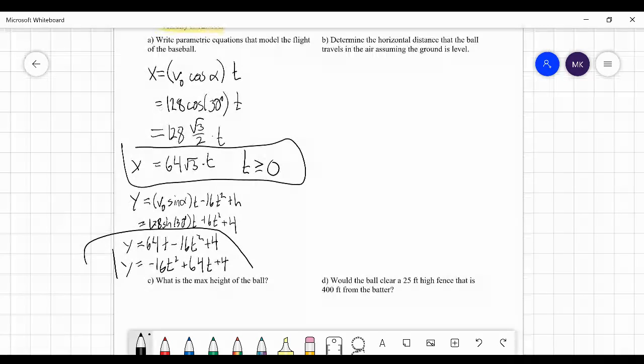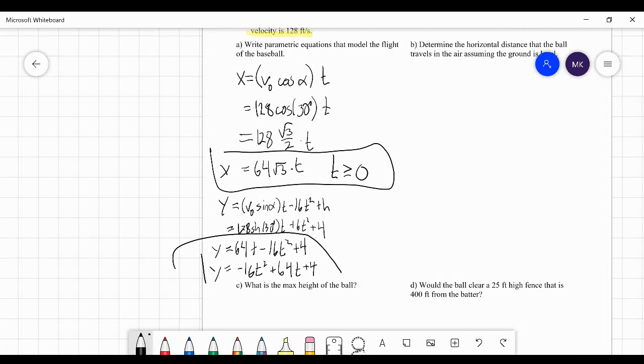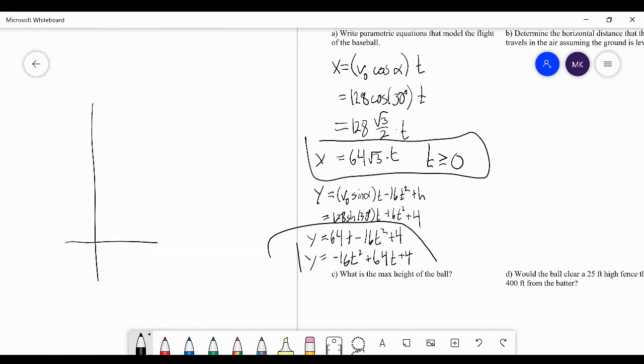So what's really cool with this is if you think about graphing this, our x variable here is very much like the horizontal distance. And the y variable is very much the vertical distance. And t is our time. And so what happens is the ball is hit at 4 feet.